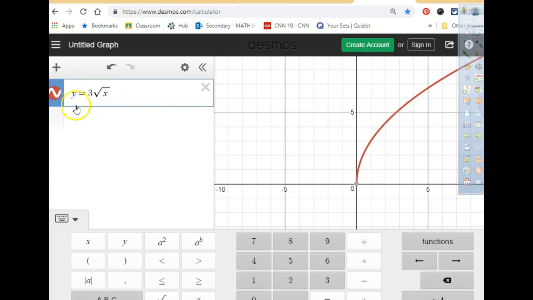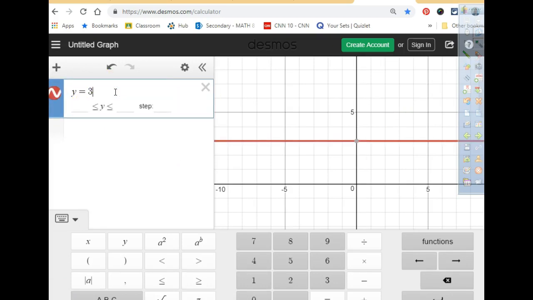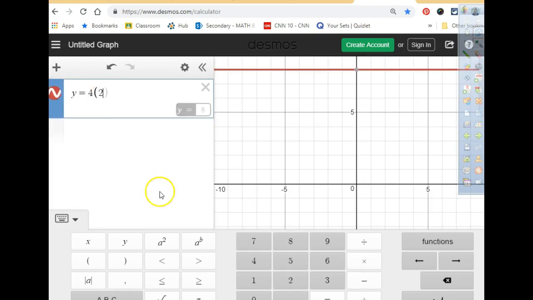So that was the 3 square root of x. We are going to put in our y equaled 4, and then it was 4 times parenthesis 2, and it had an exponent, so it was 2 to the x.